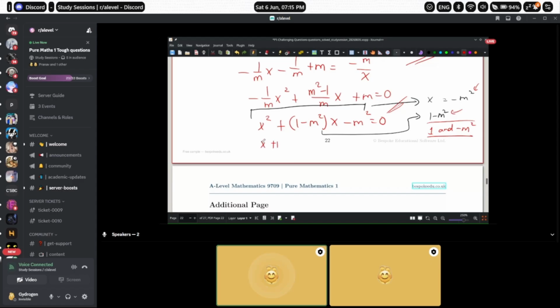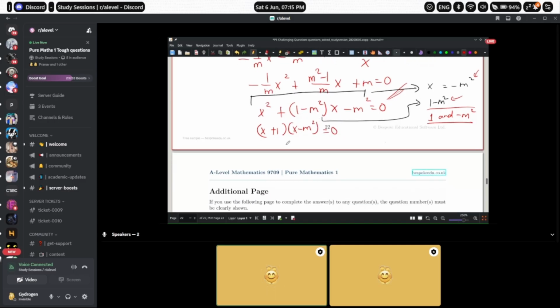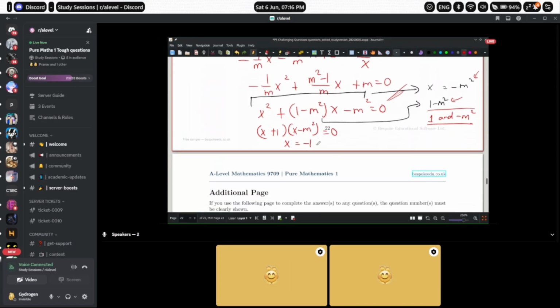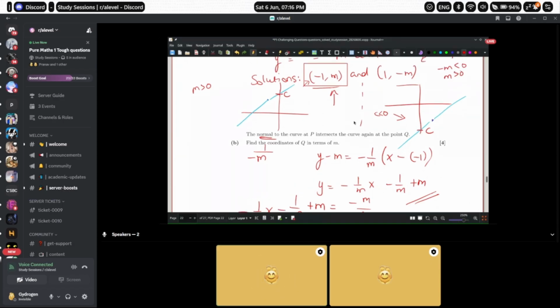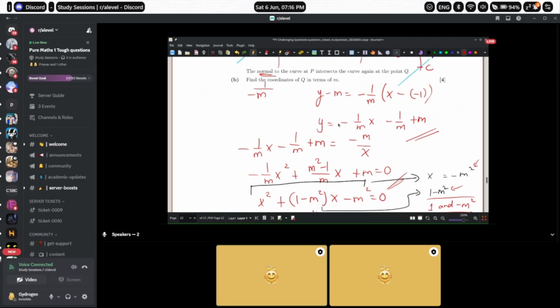So this is x plus 1 times x minus m squared equals 0. And that means x equals minus 1 or x equals m squared. We need to decide between these two answers, for the coordinates of Q in terms of m.